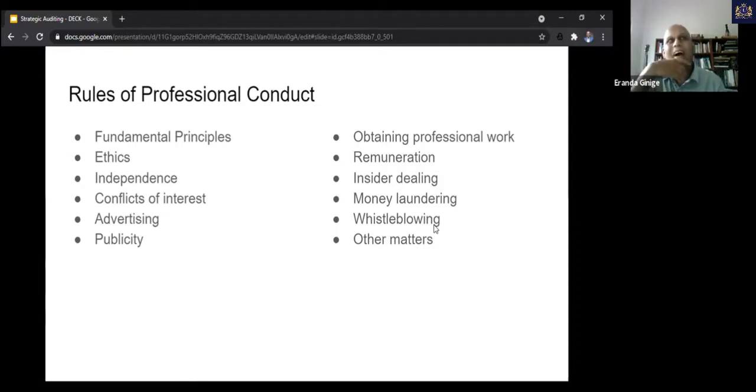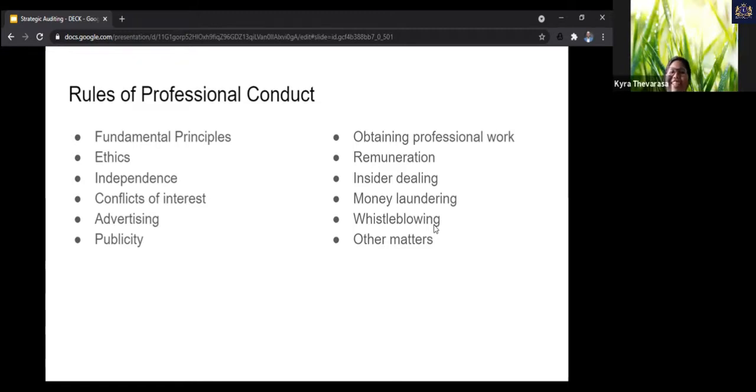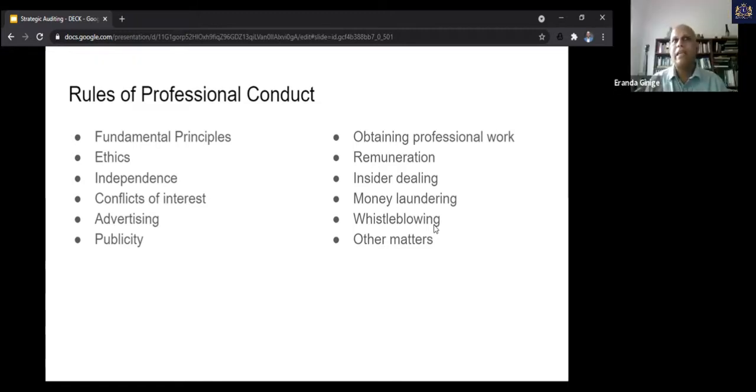Right? I mean, think about it. The job of an auditor is a tricky one, isn't it? Very. You're required to give an opinion of truth and fairness. Again, very abstract concepts, right?